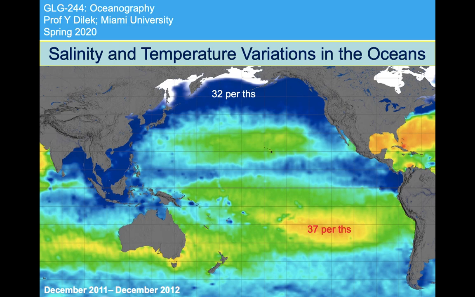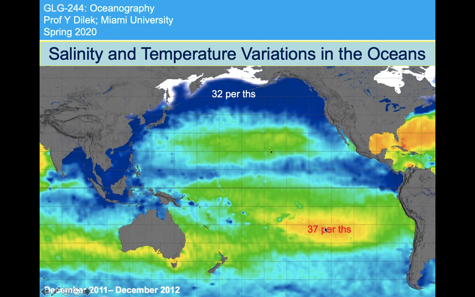So you're looking here at the Pacific Ocean water system, and you see the salinity changes from the equatorial regions with 37 milliliter per thousand liter in the equatorial region.